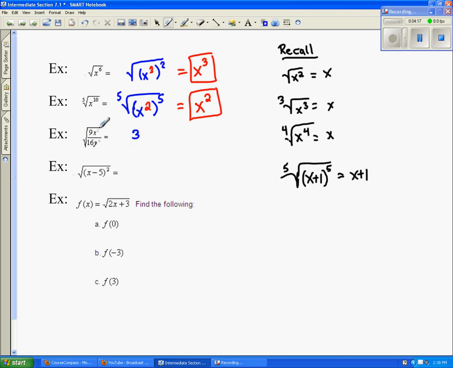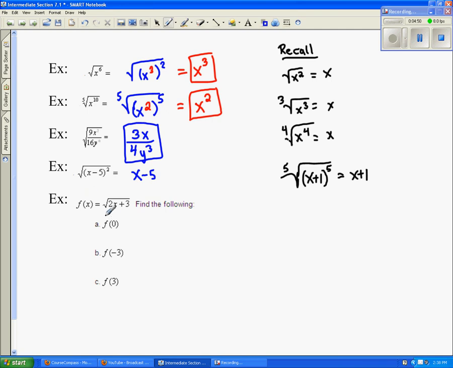Since this index matches that, I have just an x come out. Square root of 16 is 4, and if I was to rewrite this, this would be y to the third squared, which just gives me y to the third, applying the concept above. This has an index of 2, this is a square, so we just get x minus 5 on this one.